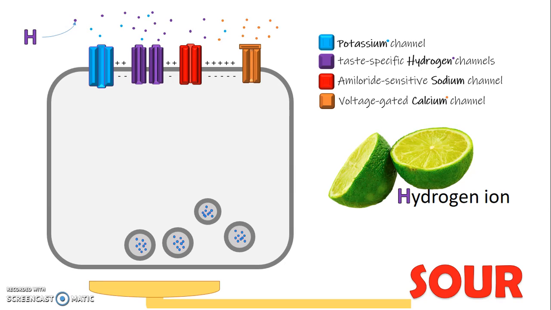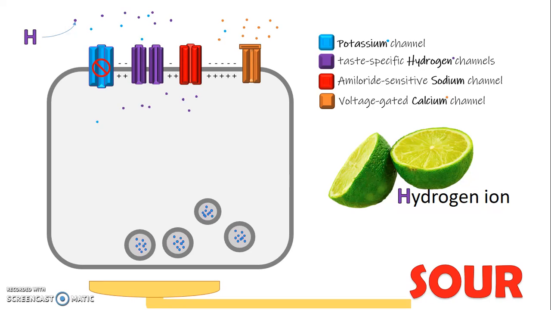When we eat something acid, the hydrogen proton blocks the potassium channel, and then the hydrogen enters the cell through the taste-specific hydrogen channels and the amiloride-sensitive sodium channel.